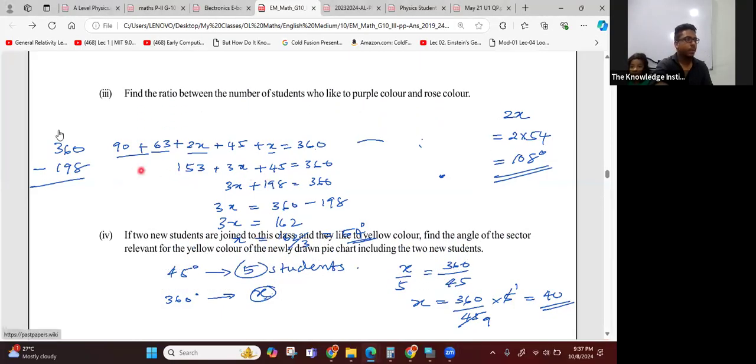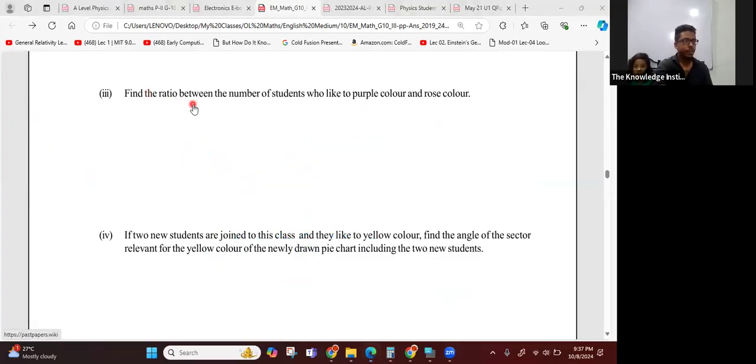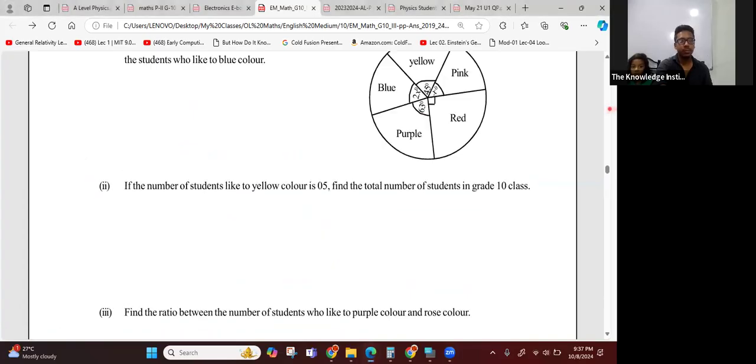Right. Okay, question number 3. Find the ratio between the number of students who like purple color and rose color.